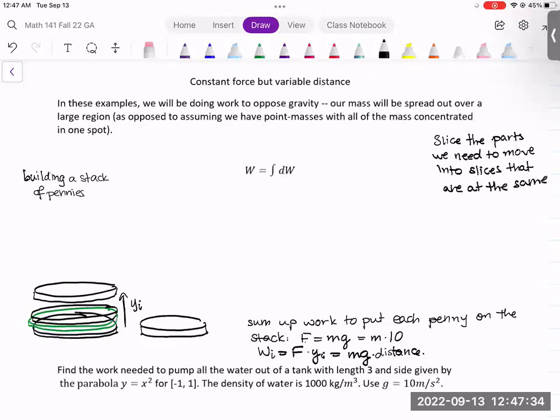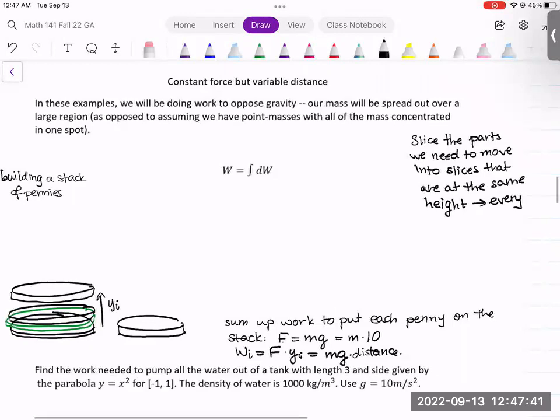We're doing that because we want to have a uniform distance to travel within that height, within that slice. And then these are going to be thin little slices, kind of like a penny.